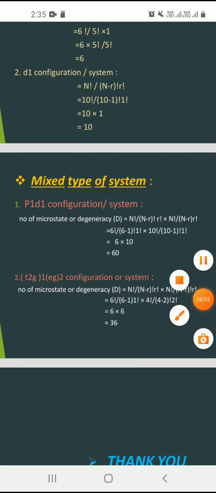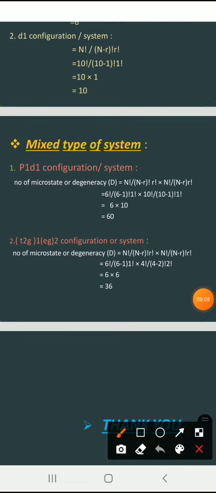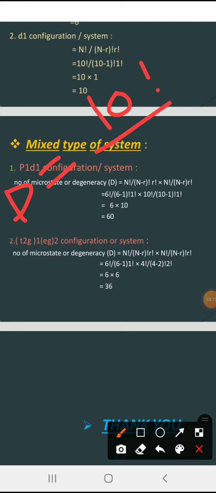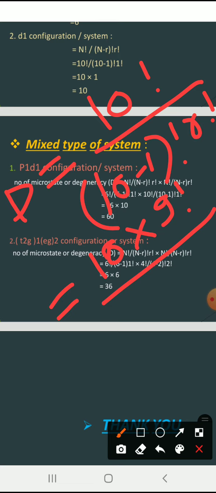Now we will calculate D for the d1 system, which is equal to 10 factorial divided by (10 minus 1) whole factorial into r factorial, which is 10 into 9 factorial divided by 9 factorial into 1.